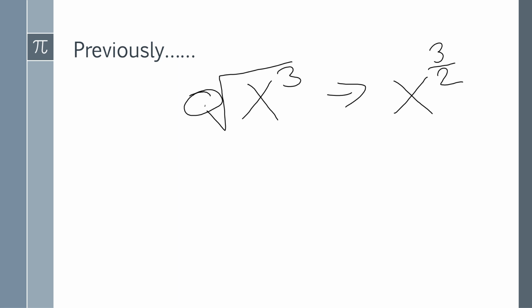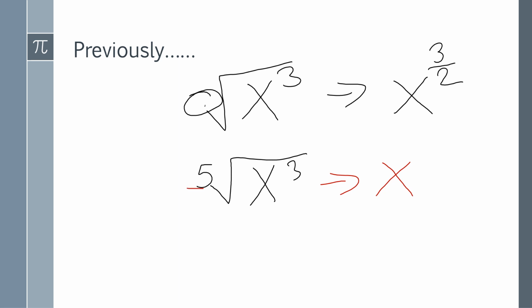And then to finalize this, what if I have x to the 5 over 3? So when I have that going on, I could rewrite it as x.